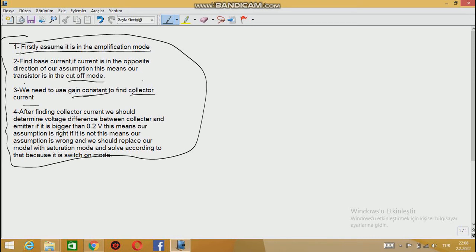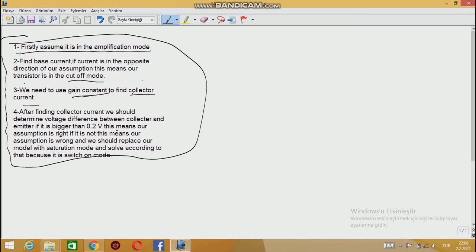If our voltage difference is greater than 0.2 volts, this means our assumption is right. If it is not, this means our assumption is wrong and our transistor is in the saturation mode, and we should replace it with the saturation equivalent circuit, then solve it again.